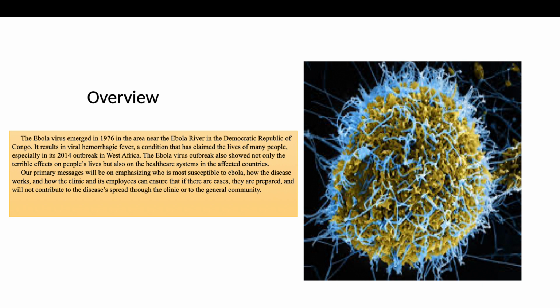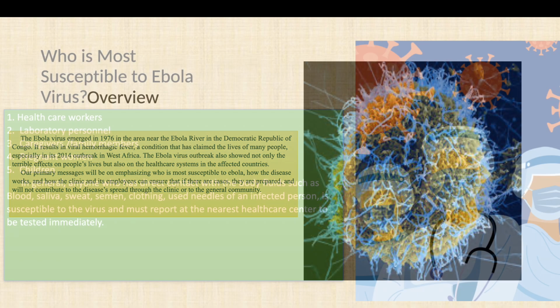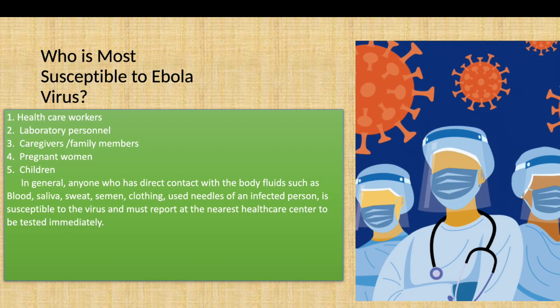Ebola is only contagious at the onset of symptoms. People who are most vulnerable to the virus are healthcare workers, laboratory personnel, caregivers, and family members who have direct contact with the infected patient, pregnant women, and children.